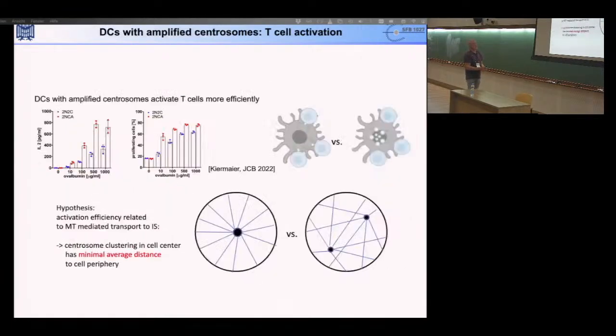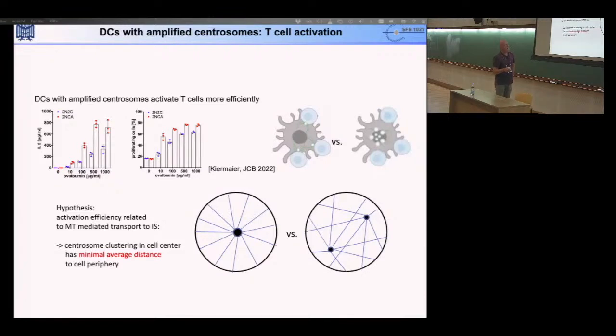And it turns out that the situation is more like this: they cluster. The centrosomes in dendritic cells cluster during activation, and that is, in our view, plausible, because a dendritic cell can have more than one T cell attached, which gets activated.